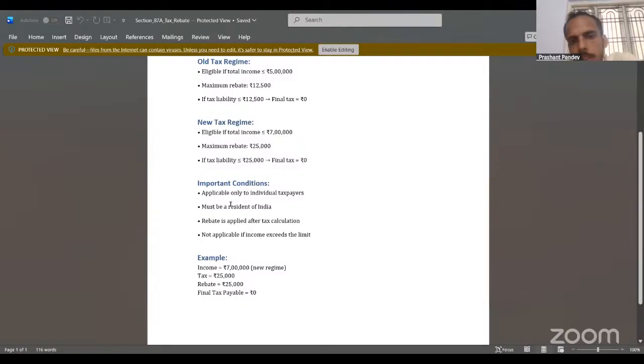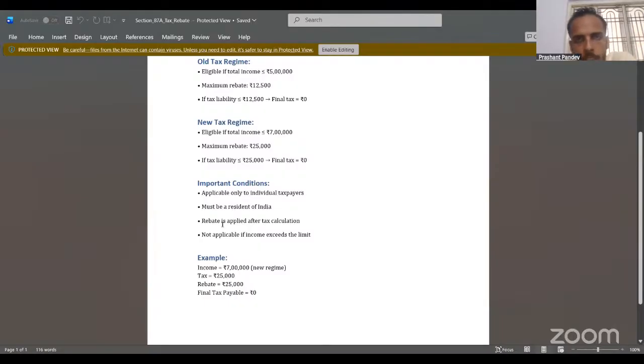The condition is that it is applicable for individual taxpayers, not companies or others. And he should be a resident of India. I told you about the residential status condition, so he should be a resident of India.